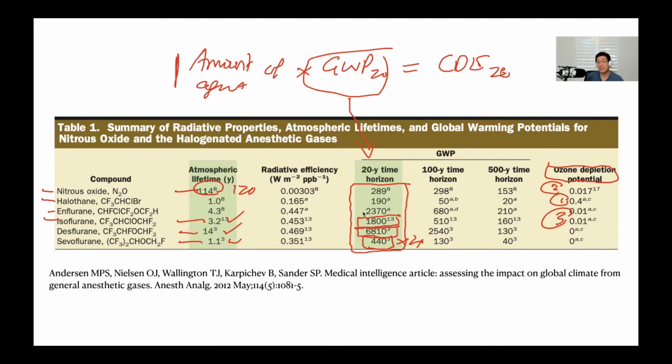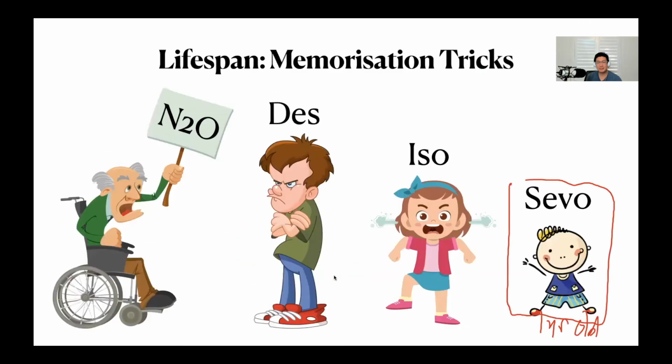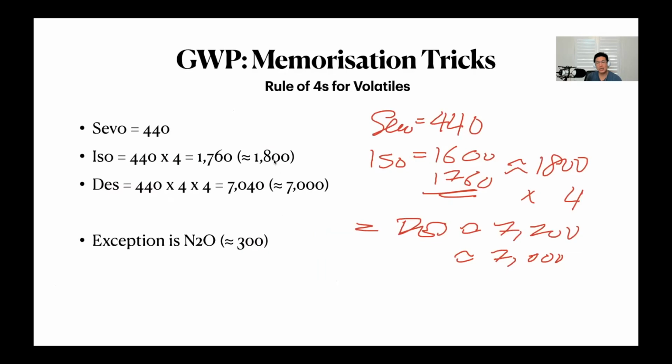So the only exception is going to be nitrous, which has a global warming potential, GWP, of 289. And I've just rounded it off to 300. Okay. So these would be the numbers that I'm going to be trying to produce in my paper, and sorry, in my short answer question.